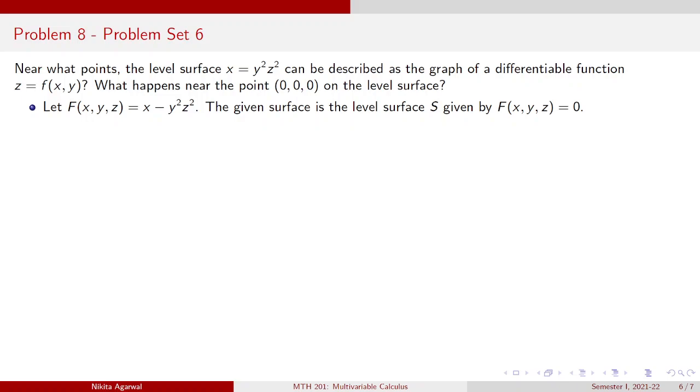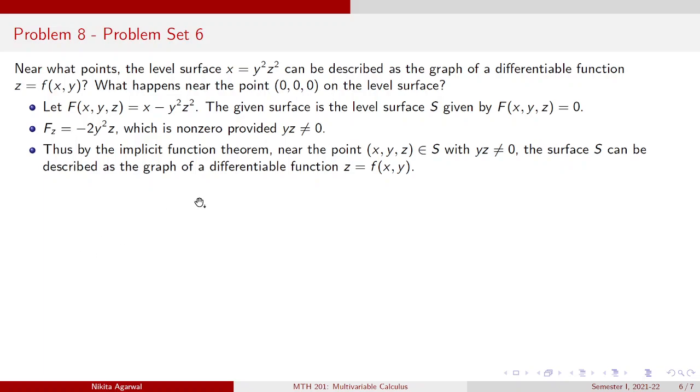Now, because we want to express z as a function of x and y, you want to compute the partial of F with respect to z, which comes out to be negative 2y square z, which will be non-zero provided this product, y square z, or yz, is non-zero, right? So I'm only going to focus on points where yz is non-zero.